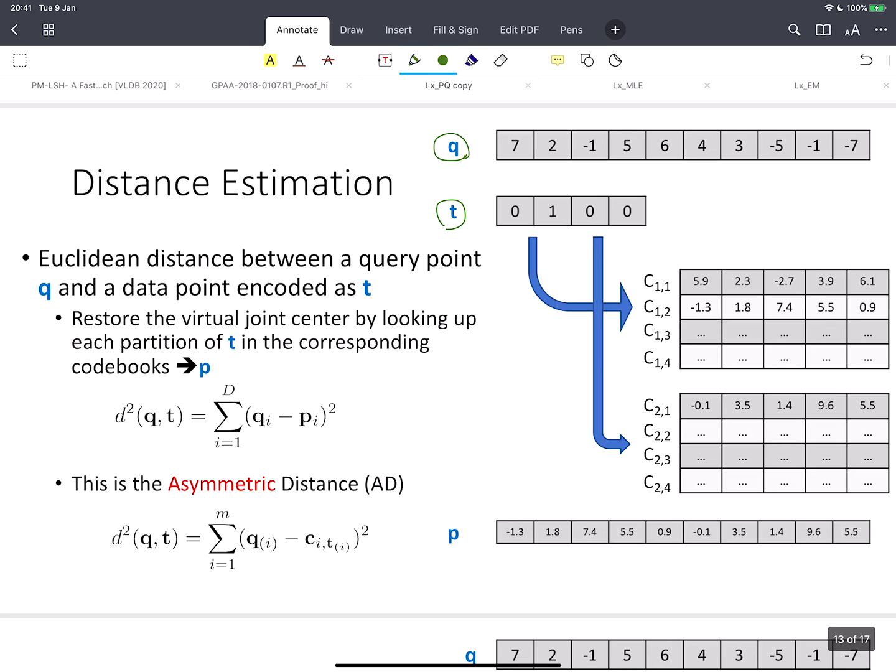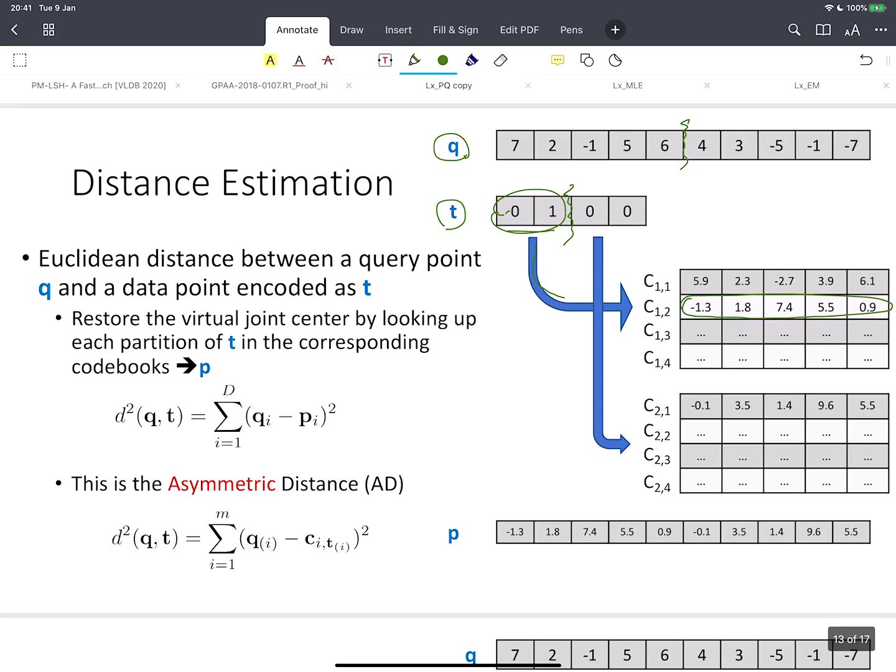But it's not too hard, based on the way we construct this mapping. We know that it's divided into two partitions. Here, this one is the index of a particular code. You look up the code book here, and this will give you this one.